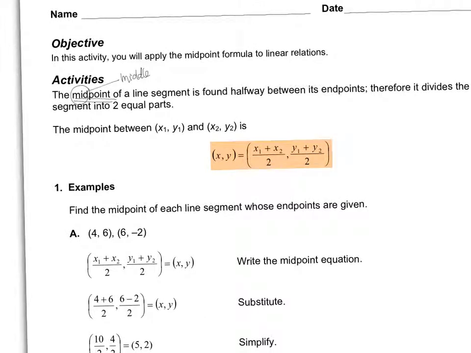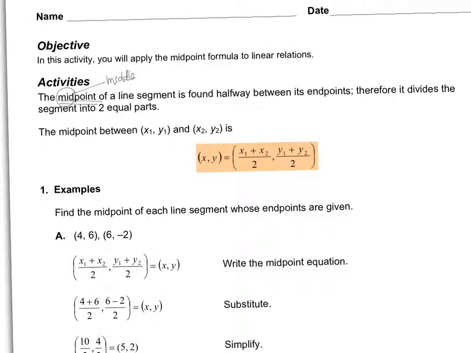If we were on a coordinate plane and we had 2 points, A and B, and we wanted to find the point in between those two, you can think of it as we look at it in the x direction from A to B and the y direction from A to B. If it's halfway here, it's also halfway between the x's, so we would take this distance from x1 to x2 and get that middle point.